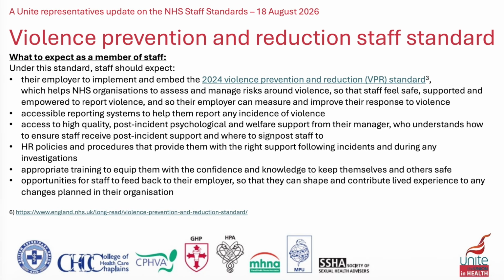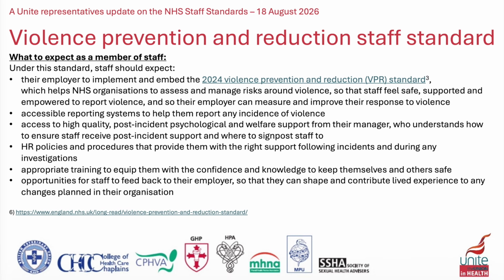So what to expect as a member of staff? Under this standard, staff should expect their employer to implement and embed the 2024 Violence Prevention and Reduction Standard, which helps NHS organisations to assess and manage risks around violence so that staff feel safe, supported and empowered to report violence, and so their employer can measure and improve their response to violence.